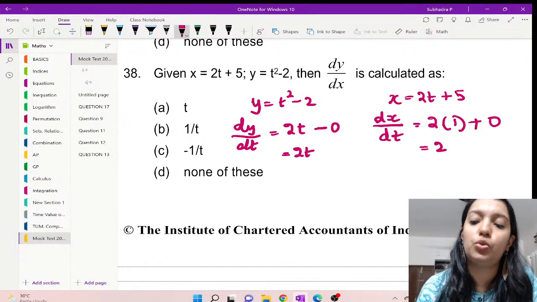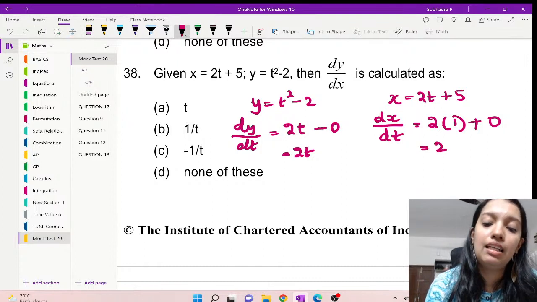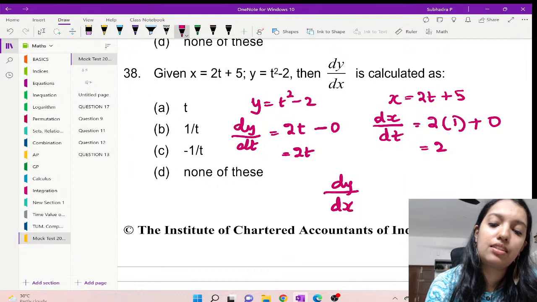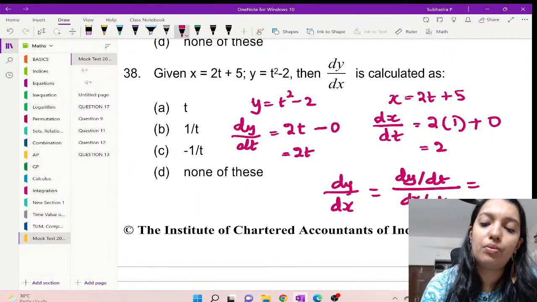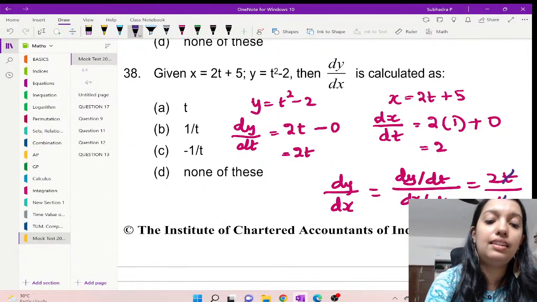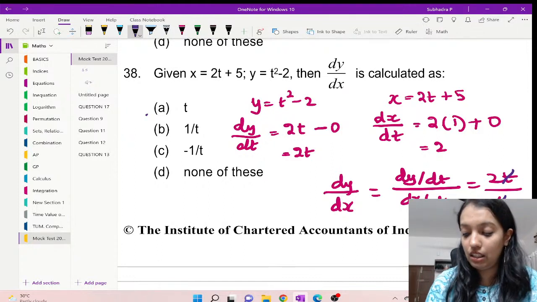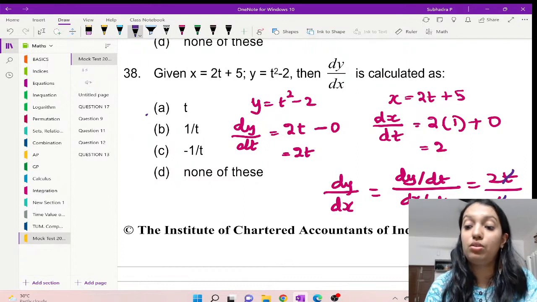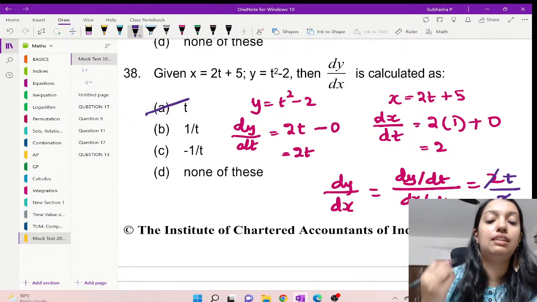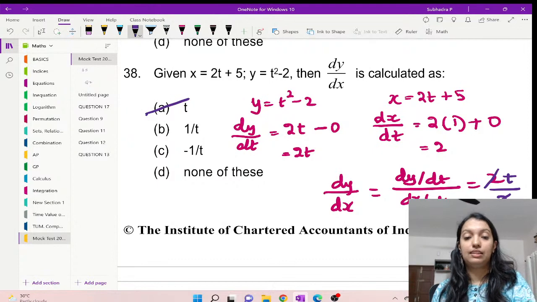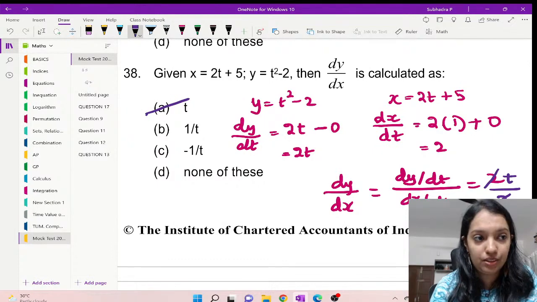So your answer is 2. What have they asked? dy by dx. This is dy by dt divided by dx by dt, which is 2t divided by 2. 2 and 2 get cancelled. Your final answer is t. This is the 38th question.